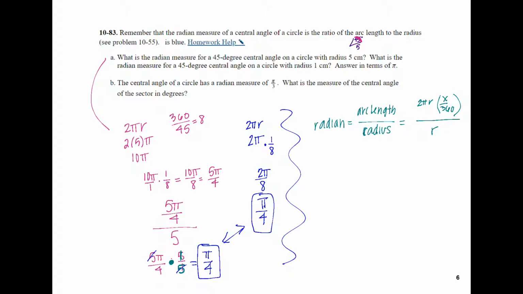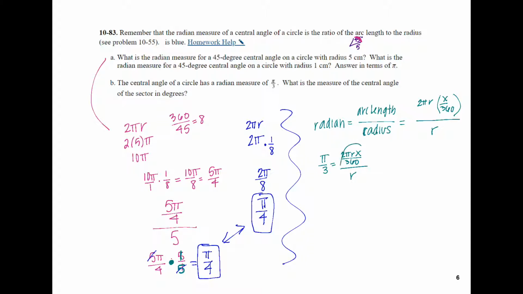So we can now plug in the information they gave us, pi over 3, set that equal to 2 pi rx over 360, all over r.